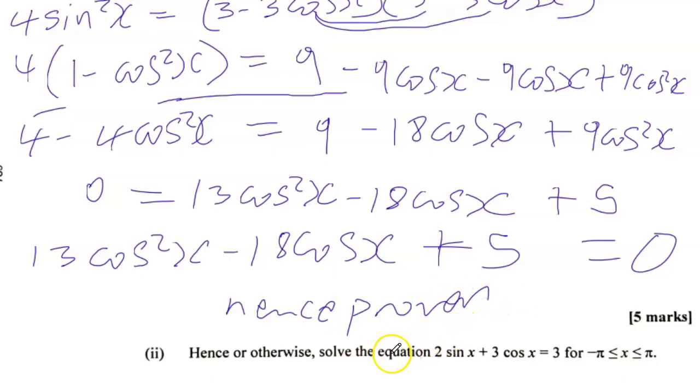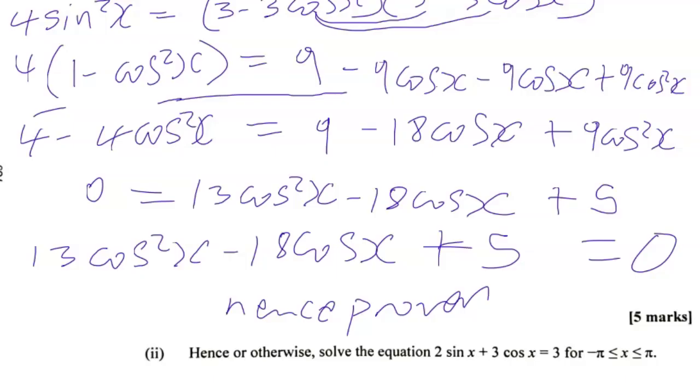Hence, or otherwise, solve the equation 2 sin x plus 3 cos x is equal to 3 for x between negative pi and positive pi, which is suggesting that the angle x should be given in radians.